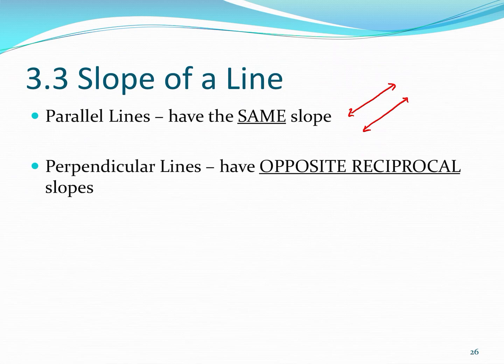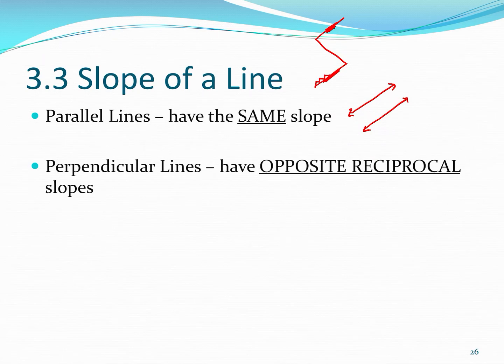The question then becomes, well, what are perpendicular lines? And so parallel lines, we know what they are. Parallel lines have the same slope. And I think I can convince you of that pretty easily. So if you were to think about a staircase, okay, if in our building we're on the top floor, and if you go down the staircase to the bottom floor, you know the staircase kind of looks like this, where this set of stairs and this set of stairs are parallel.